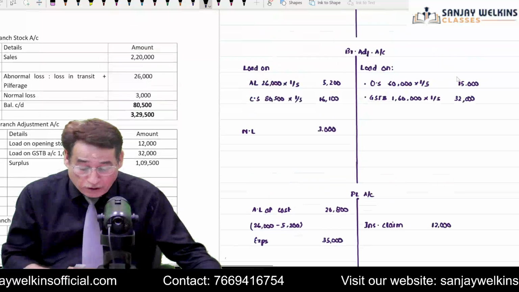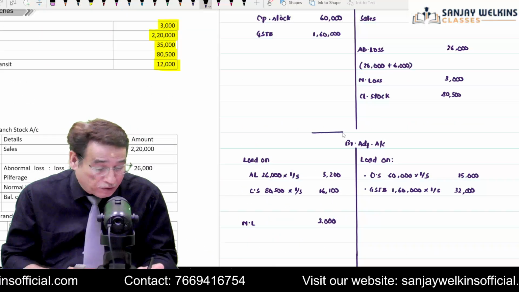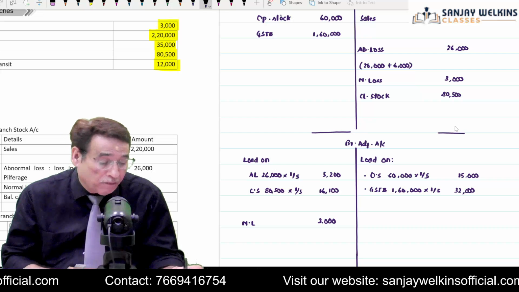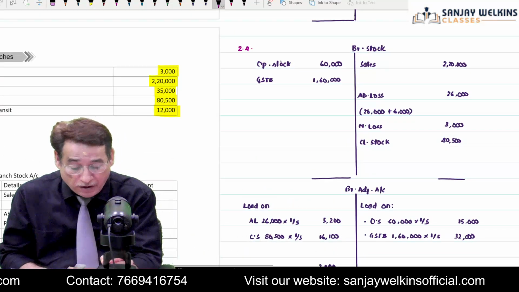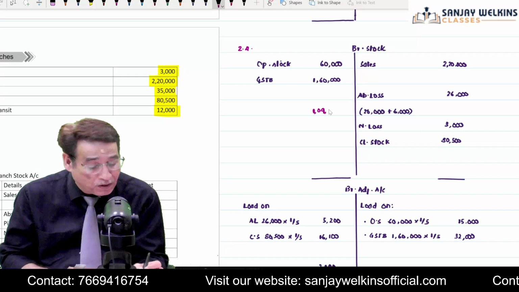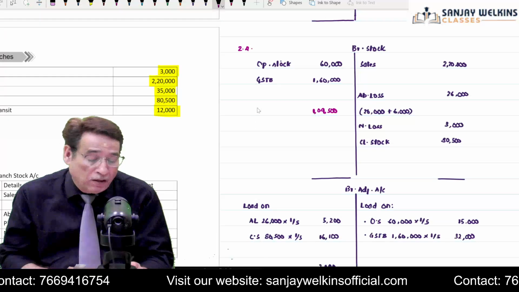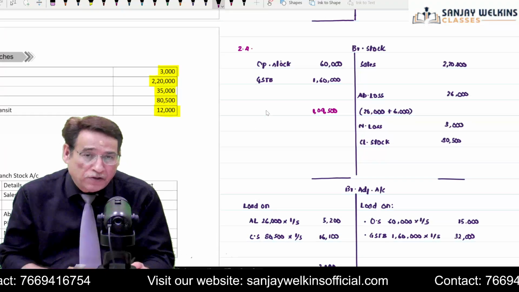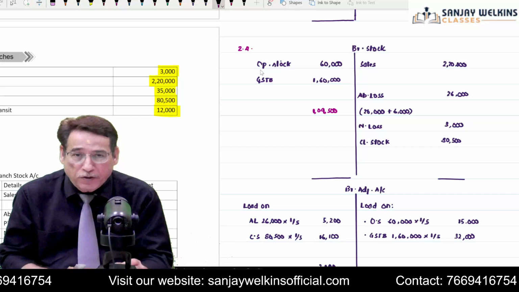Well, in this particular question, now we are going to tally out, first of all, branch stock account. If we tally our branch stock account, I will tell you the balancing figure. The balancing figure will be 1,09,500. Balancing figure is appearing on the debit side, correct? Now, if it appears on the debit side of the branch stock account, as a rule, first preference should be considered as opening stock, but opening stock is given.